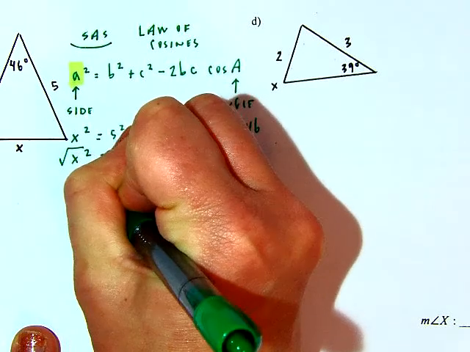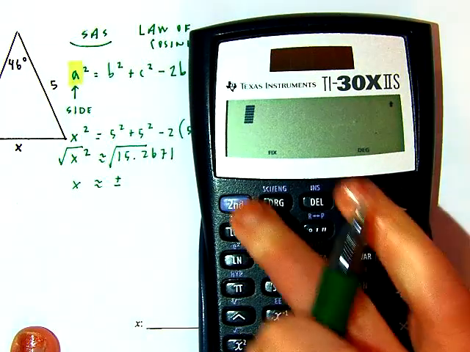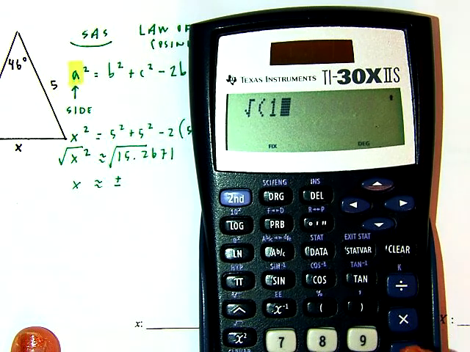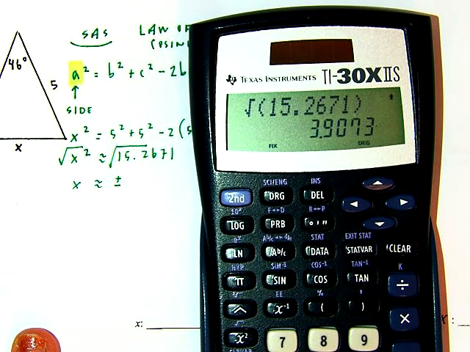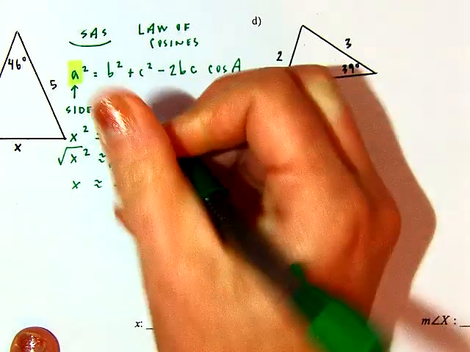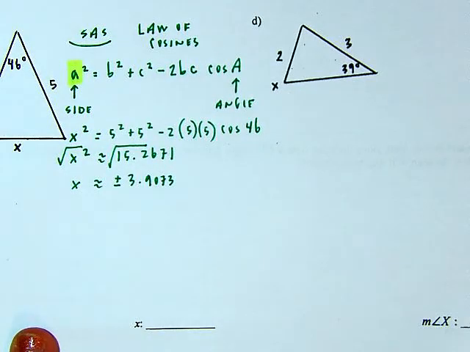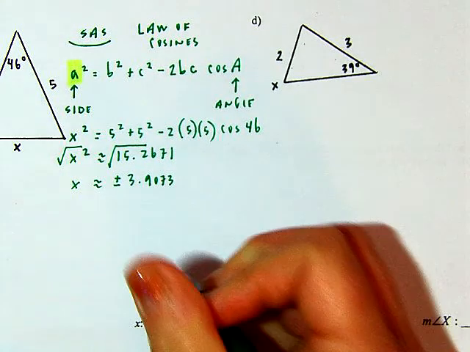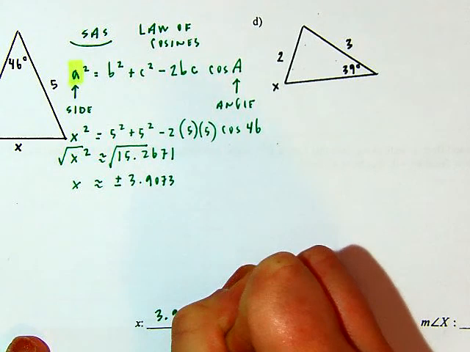Now algebraically, that gives me a plus or a minus. So square root of 15.2671 gets me about 3.9073, plus or minus. Now remember, it represents a measurement, so I'm really only interested in the positive. So my final answer is just the positive 3.9073.